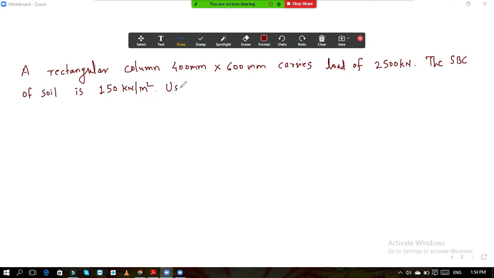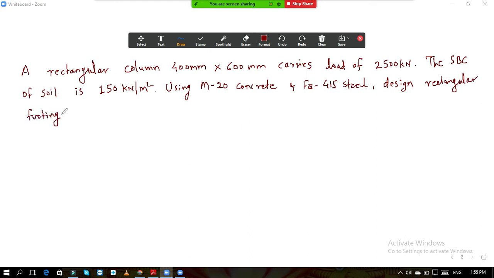Using M20 concrete and Fe 415 steel, design rectangular footing to support the column. Draw the reinforcement.